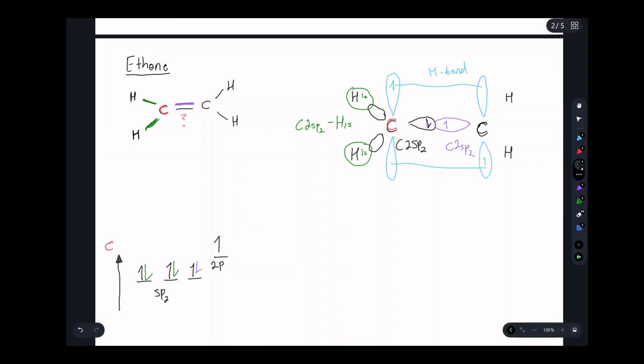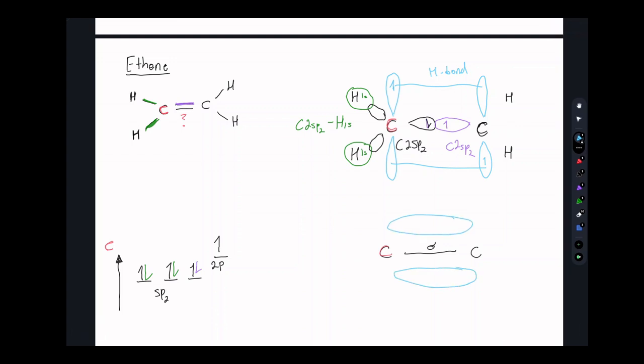Now, sometimes you might see this represented differently. One way you might see a pi bond represented, if we imagine the sigma bond here, is drawn like this, above and below the carbon. I prefer to draw it this way to maintain that p orbital structure. Now, just to finish up this last diagram, we can imagine that this now represents the pi bond, the interaction of two unhybridized p orbitals.